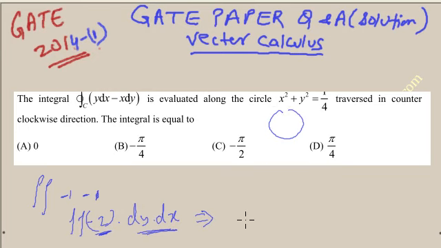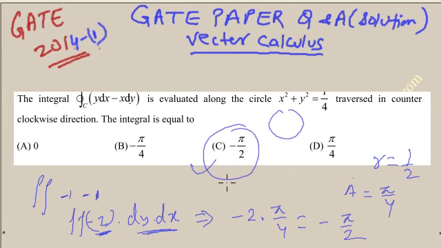The volume is area multiplied by height, and the area is pi r square. Here r is 1 by 2, so the area is pi by 4. So the height is minus 2 into pi by 4, so minus pi by 2. So this is the answer.